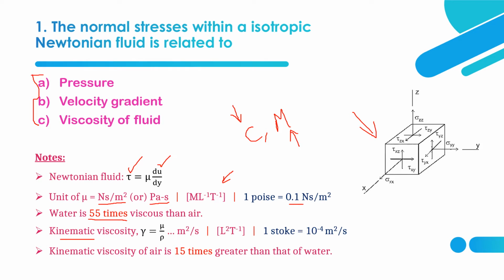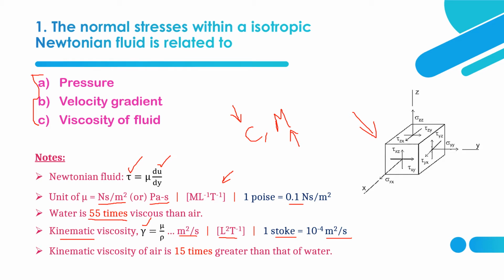It is denoted by gamma. So gamma is equal to mu by rho, and the unit of kinematic viscosity is meter square per second. Therefore, the dimensional formula is L square T power minus 1. Another unit is stoke, and one stoke is 10 power minus 4 meter square per second.